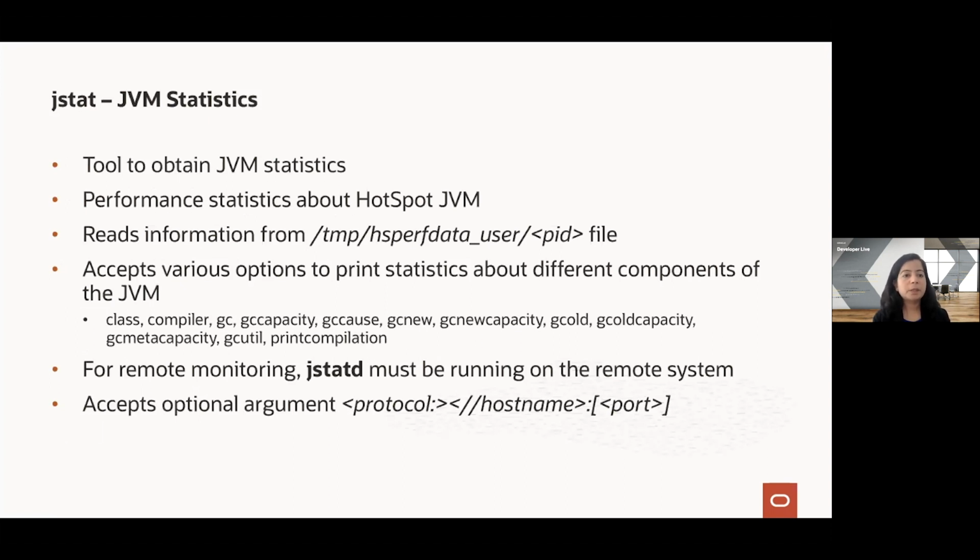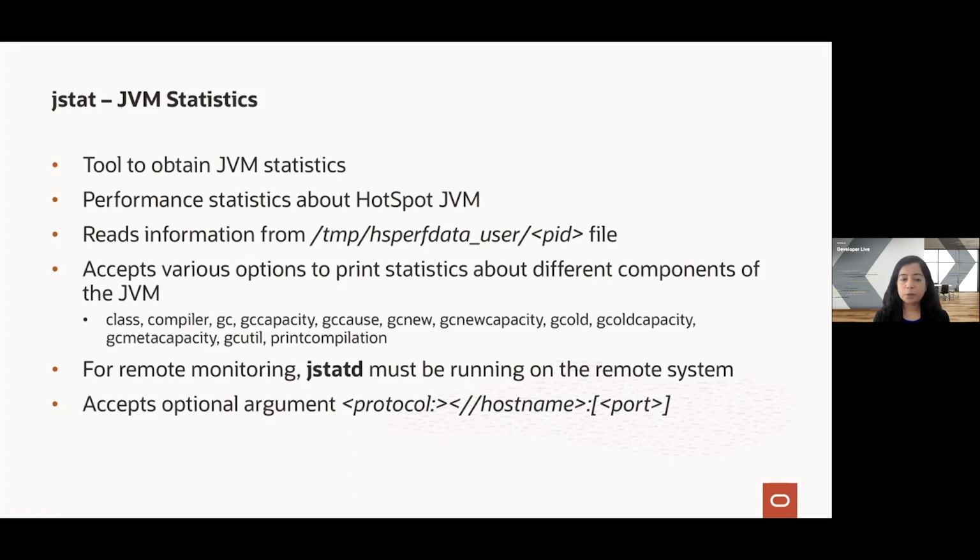jstat, JVM Statistics, is a very helpful tool to obtain JVM statistics. This tool is really useful in gathering performance statistics about the HotSpot JVM. It also reads process and statistics information from the PID files or process files available under the /tmp/hsperfdata_user folder.